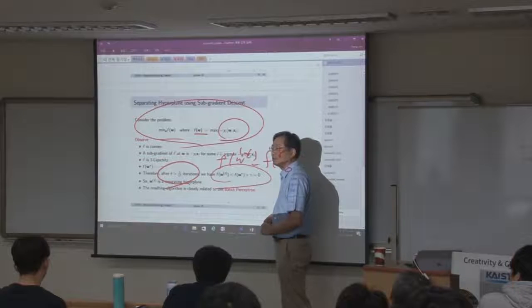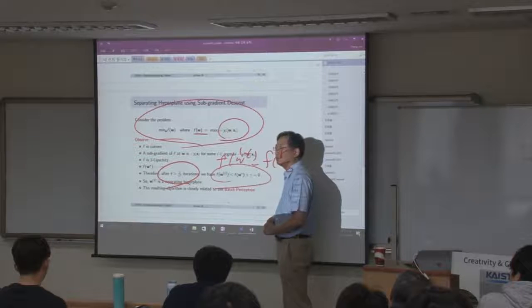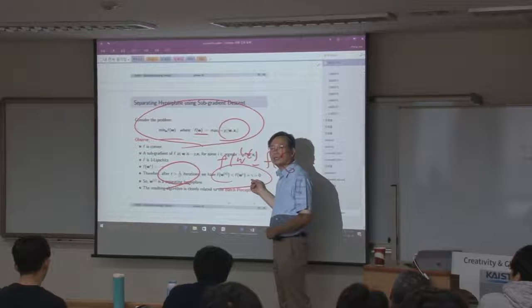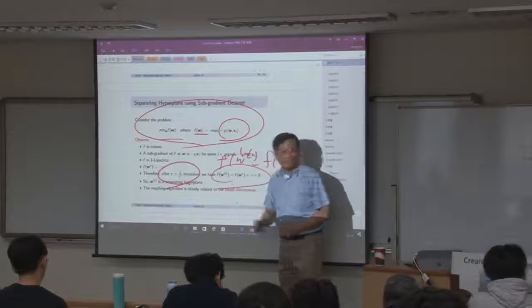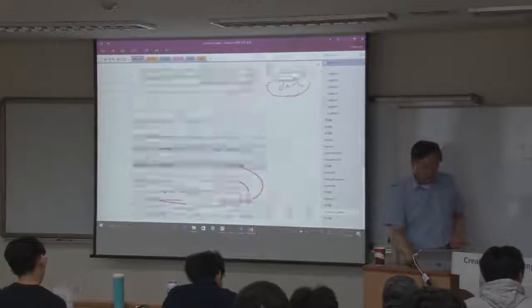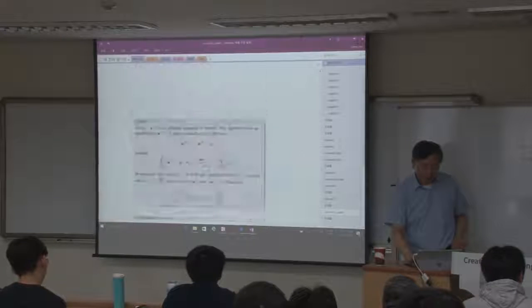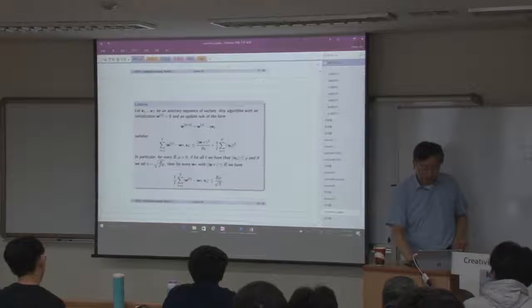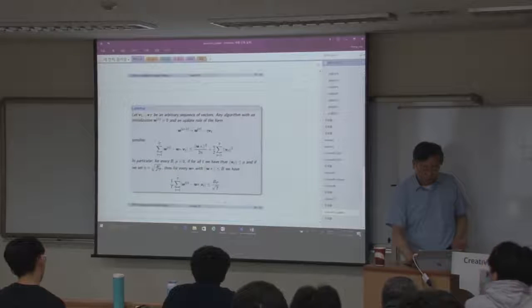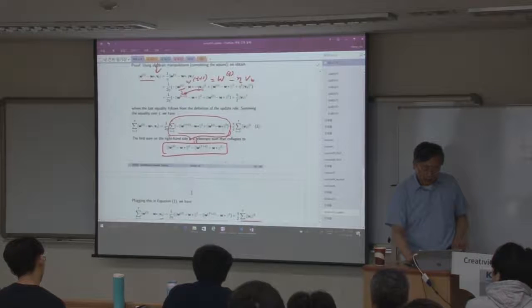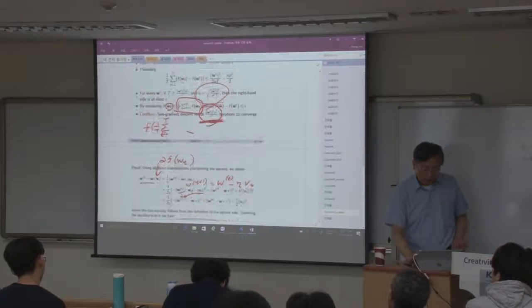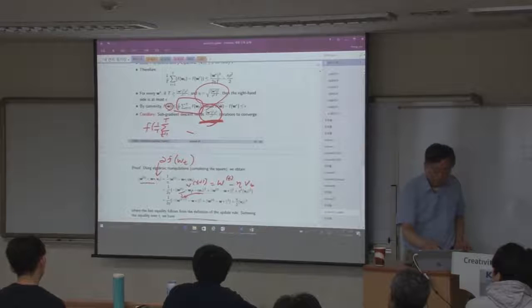Very good. Okay, good. Epsilon is gamma. It's one Lipschitz. And what was the iteration? Let's have a look. We went through this proof right here, right? I've mentioned this.